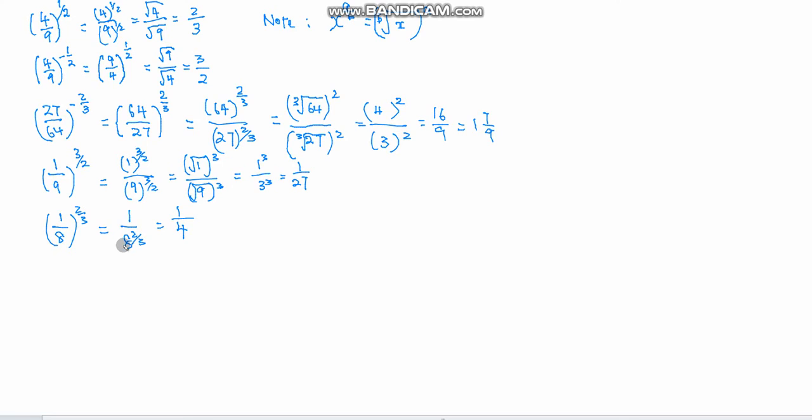So the cube root of 8 becomes 2, and 2 to the power of 2 becomes 4. Okay, all these we consider as positive values. That's it. So this is dealing with a fraction base with a fraction power.